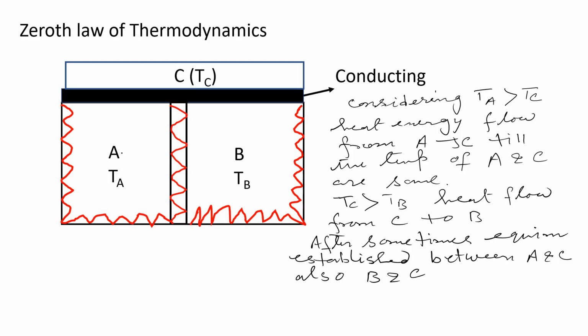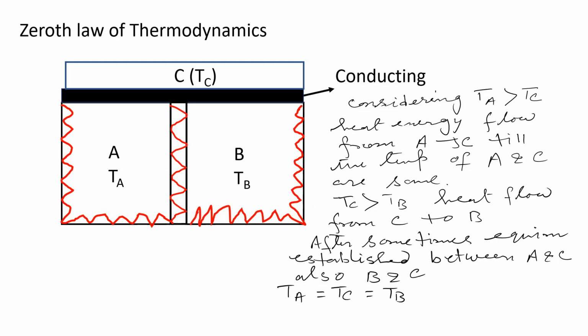That means temperature TA is equal to TC, and this also will become equal to TB. Their temperature is the same because heat flows till the temperature of A and C become the same. Similarly, heat flows till the temperature of B and C becomes the same. So both A and B temperature is now equal to the temperature of C.